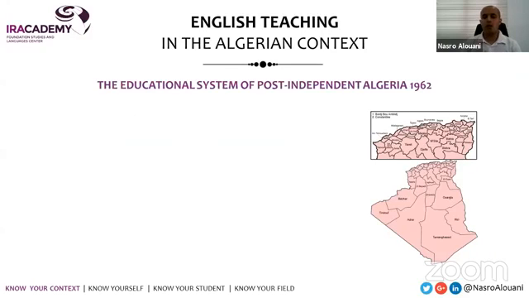Okay. What about the educational system of post-independent Algeria, 1962? After 1962, a lot of changes happened in the educational system, if you agree with me. The first thing that happened was the objective. Nowadays we're talking a lot about the promise, the vow that the Shuhada died for. So the aim was to build a national identity.